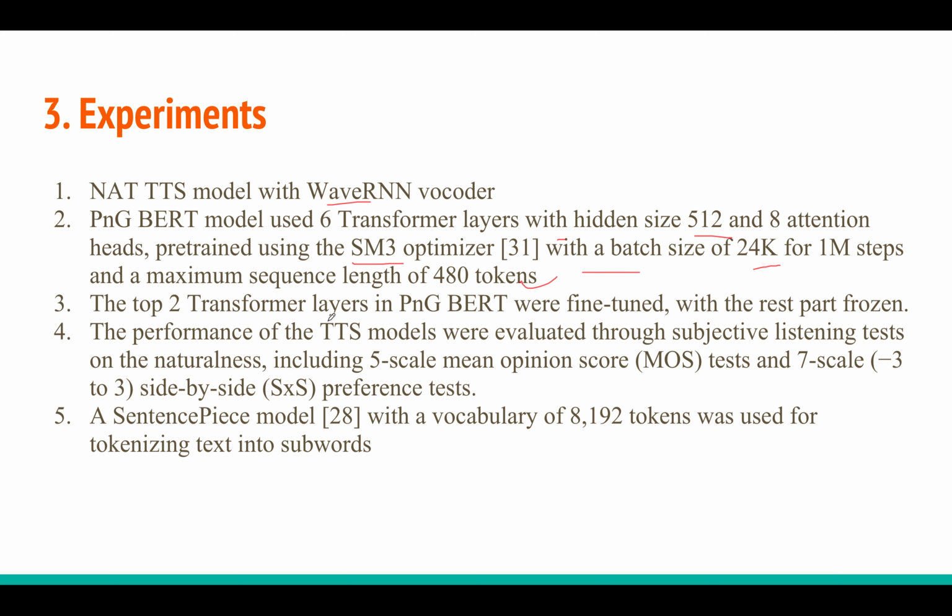Performance is evaluated with two objectives. One is naturalness, computed with the MOS score, which is a 0 to 5 scale mean opinion score, and there is a 7-scale side by side preference test. To calculate the subwords, they use a SentencePiece model with a vocabulary of approximately 8,000 tokens.